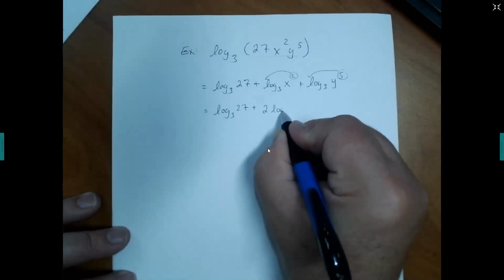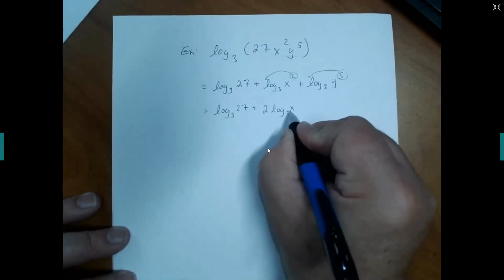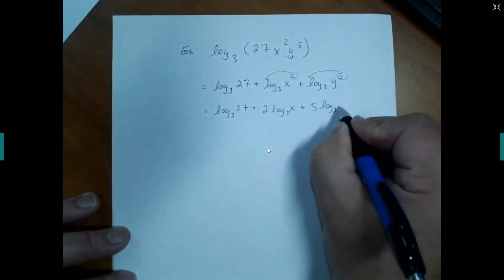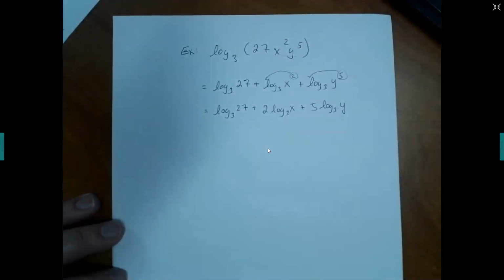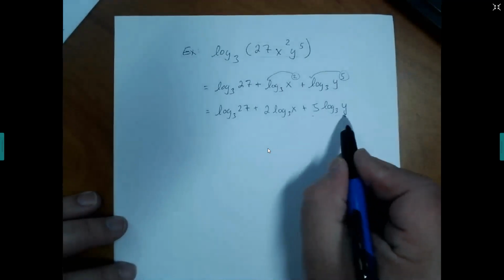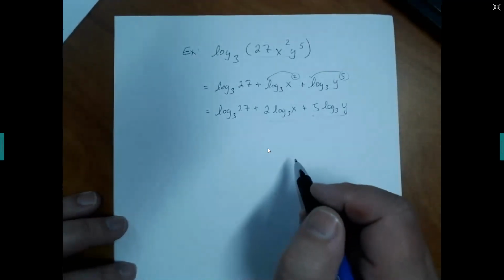So it's 2 log base 3 of x plus 5 log base 3 of y. Are we done? We can't go any further with these since we don't know what x and y are.